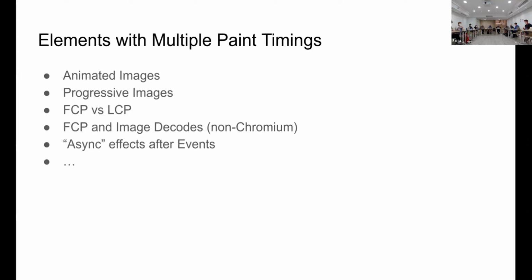It's kind of implicit. Also, on non-Chromium browsers, to the best of my ability in testing both Safari and Firefox, the way the FCP algorithm works for images is your first paint will initiate a decode, then there will be a future paint operation when the decode is complete.